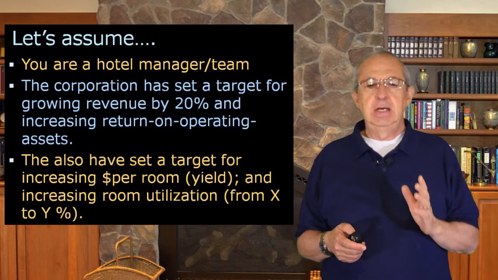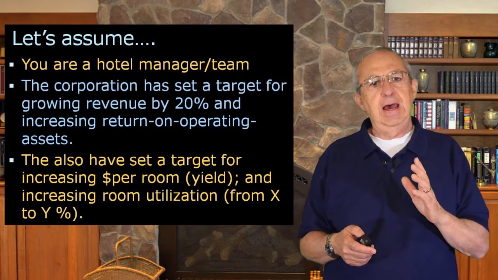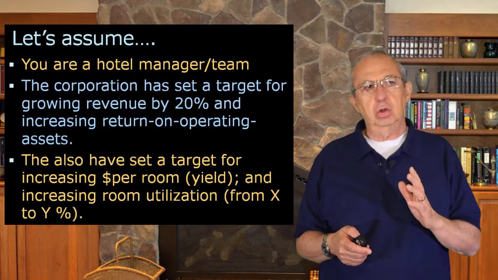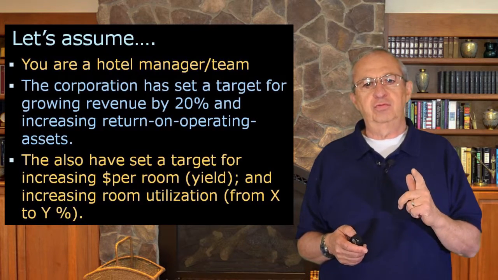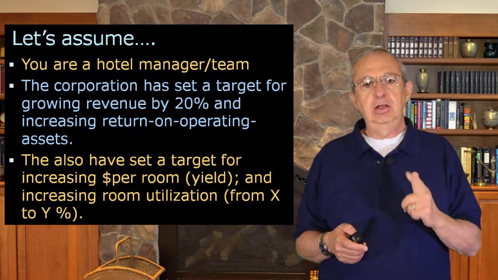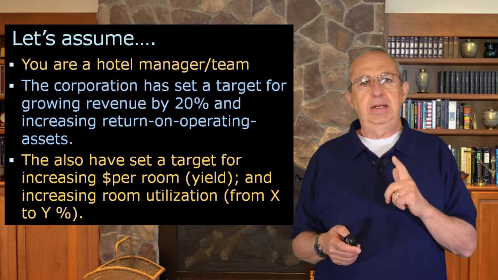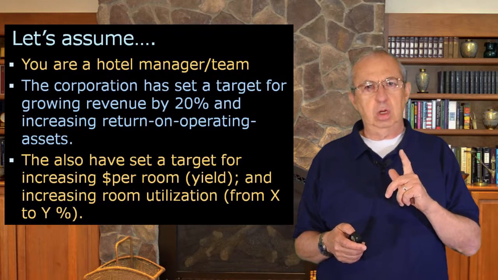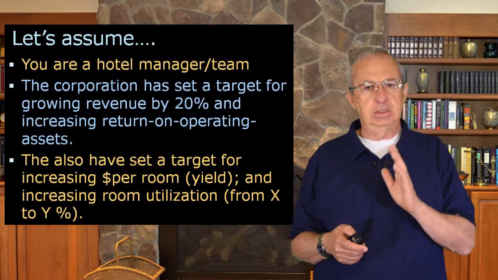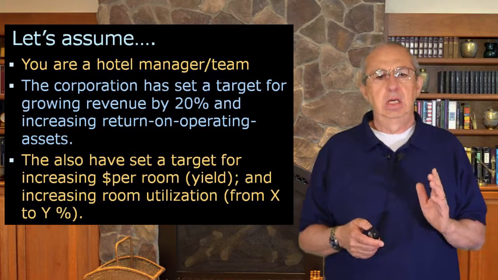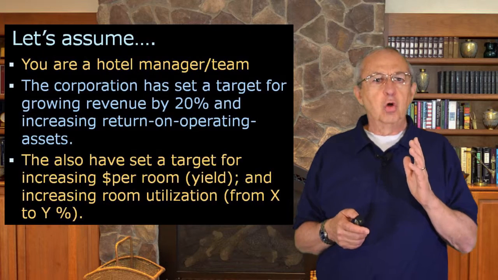And let's assume that the corporation, maybe Hilton Hotels or Marriott or Red Roof Inn, doesn't matter, has set a corporate target of revenue growth of 20% and increasing the return on operating assets. We're going to talk about revenue growth and operating assets in more detail later. But let's just assume there's a goal for that, okay?